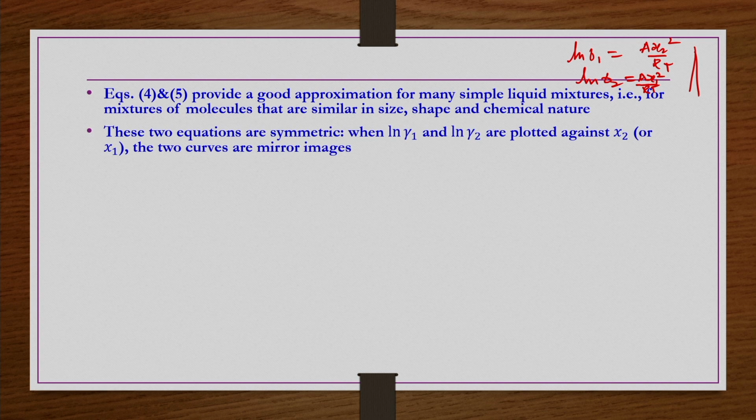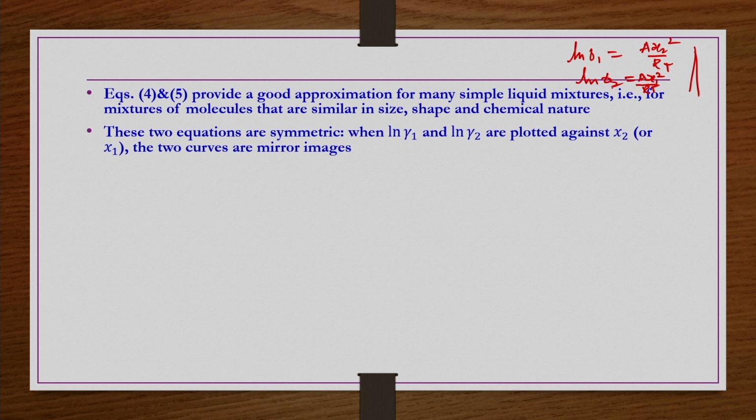These two equations are symmetric in the sense that when you plot ln gamma 1 versus x1 and also plot ln gamma 2 versus x2, the curves that are formed are mirror images of each other. In fact, you can see it from these equations also: in ln gamma 1 equals A x2 square by RT, if x2 is replaced by x1, then you get ln gamma 2.